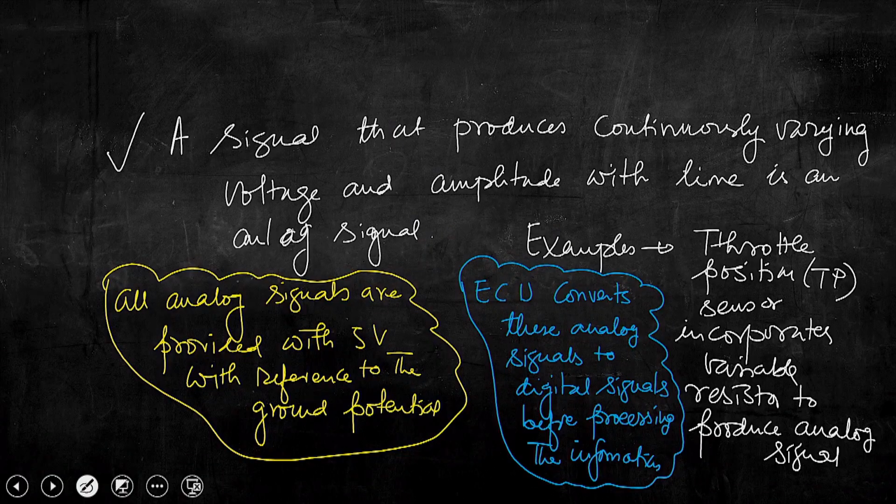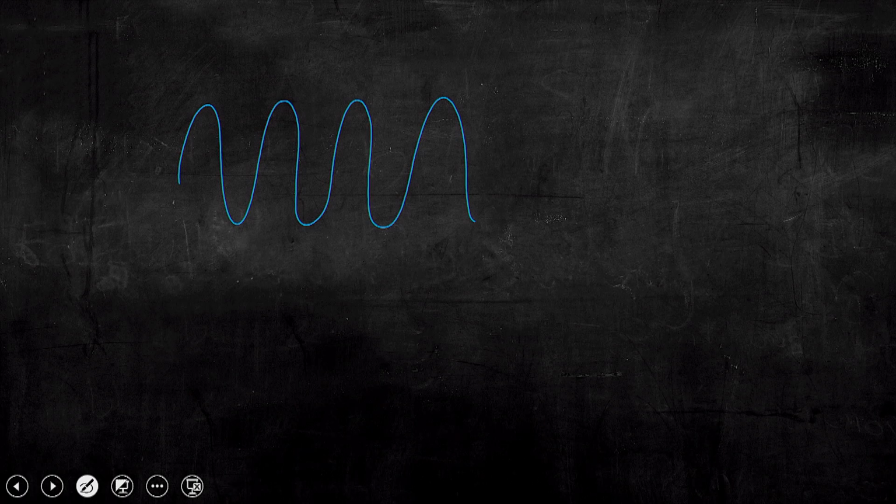So, now this is all about the analog signal. If we draw a schematic depiction, you can understand, right. So, this is the analog signal. It will change continuously with time.